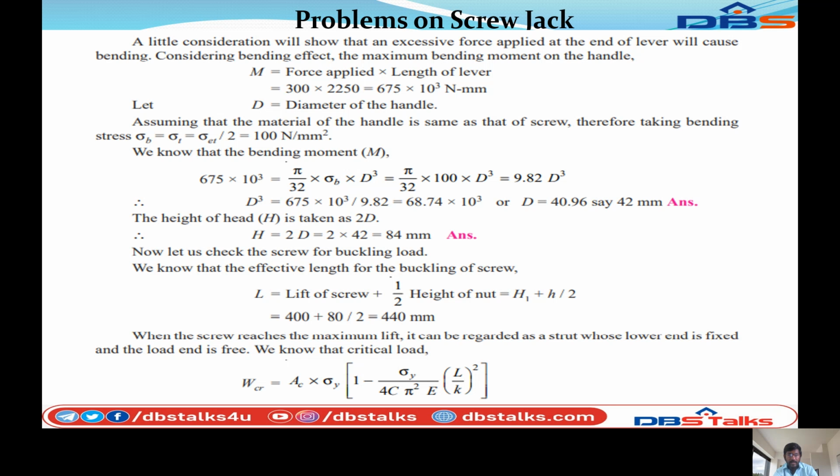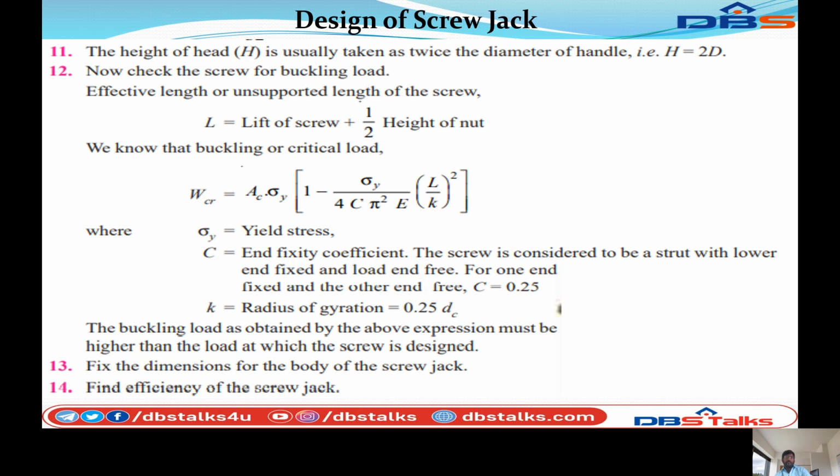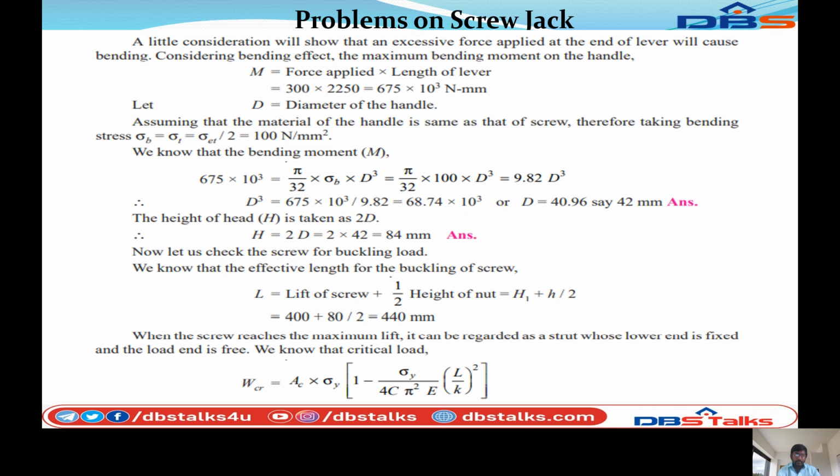Now calculating, L is the lift of the screw 400 plus height of the nut 80 by 2, that is equal to 440 mm.